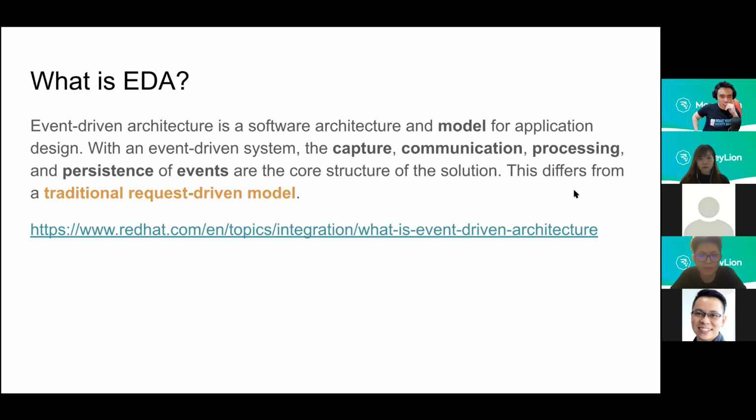Another definition is that event-driven architecture is a model for application design. It's a system that will capture, communicate, process, and persist events, which is different from the traditional request-driven model. I highlighted this traditional request-driven model because this is an important point.